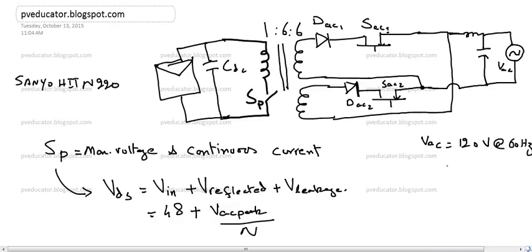So 120 volt, if you convert it into a peak value, gives you around 169 volt. If you divide 169 volt by a factor of 6, it will be equal to something around 28 volt.